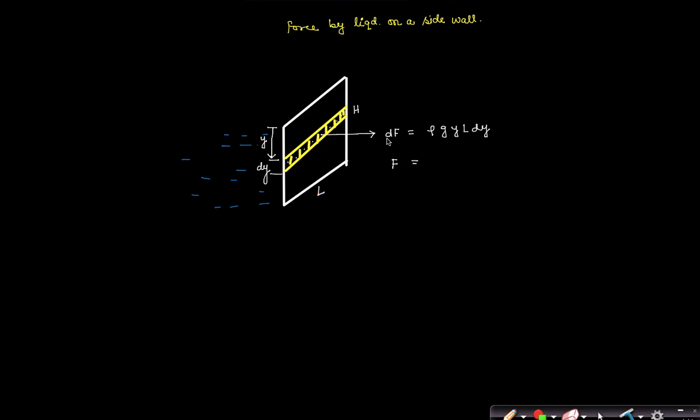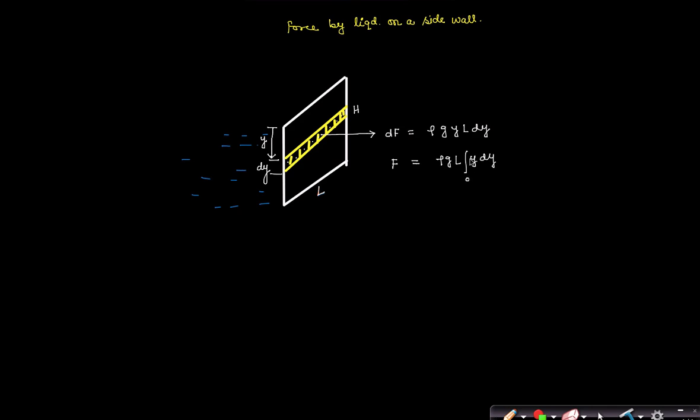Because in vector integration, you should be careful whether the vectors have the same directions or not. As the vectors have the same direction, I can integrate it. If they are inclined at different angles, I cannot integrate in the same way. So the force will be a simple integration of rho g L into y dy.